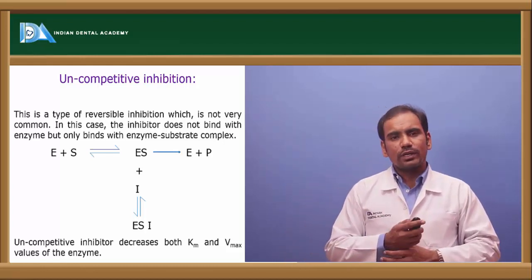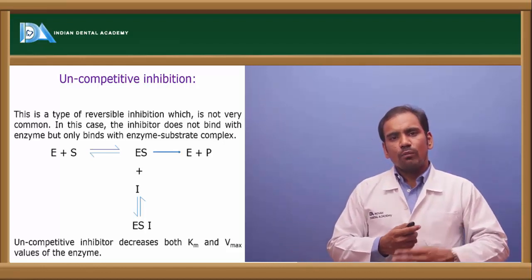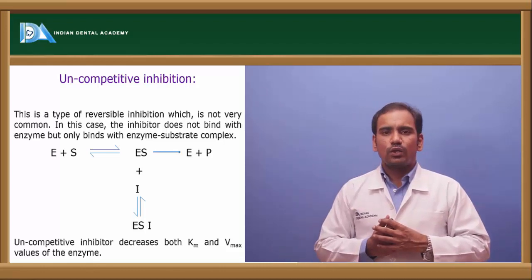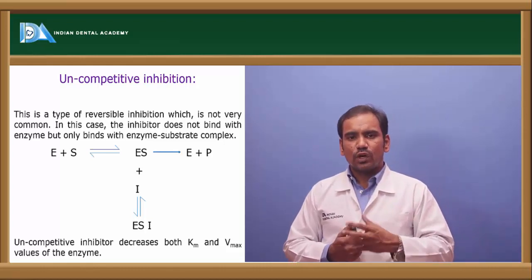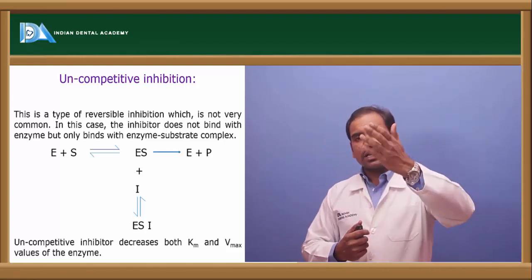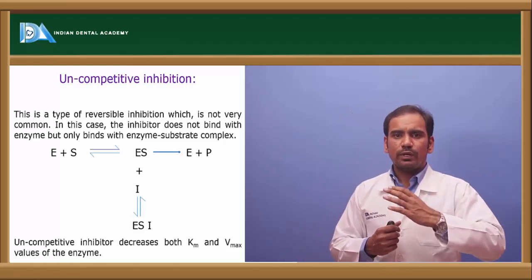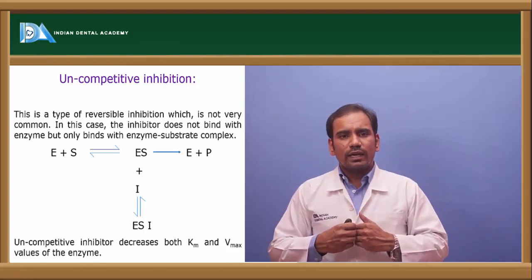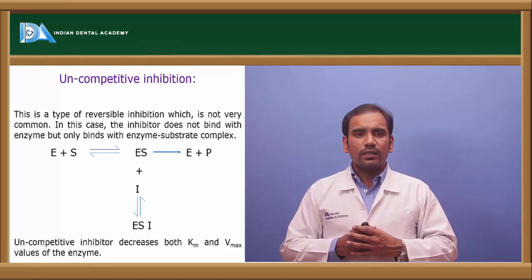And so what happens to the Km value and velocity maximum in case of uncompetitive inhibition? Here both Km value and Vmax are decreased because non-functional enzymes are increased. Whenever non-functional enzymes are increased because of formation of the ESI complex, the velocity maximum decreases. And why is the Km value decreased?